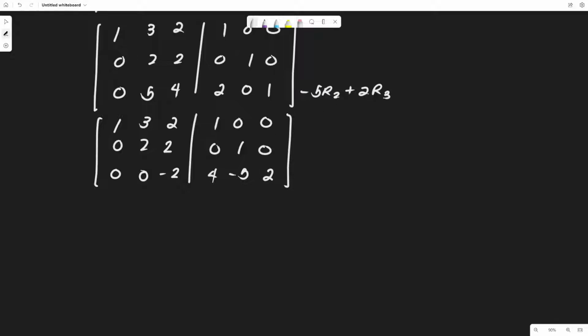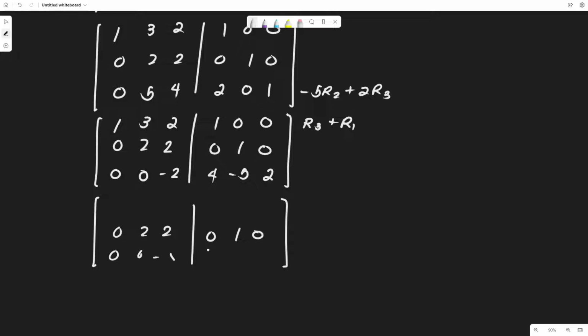Next, dito tayo sa taas. We have R3 plus R1. Pwede na ito, because this is negative 2. So we have here 0, 2, 2, 0, 1, 0, 0, 0, negative 2. Then we have 4, negative 5, 2.